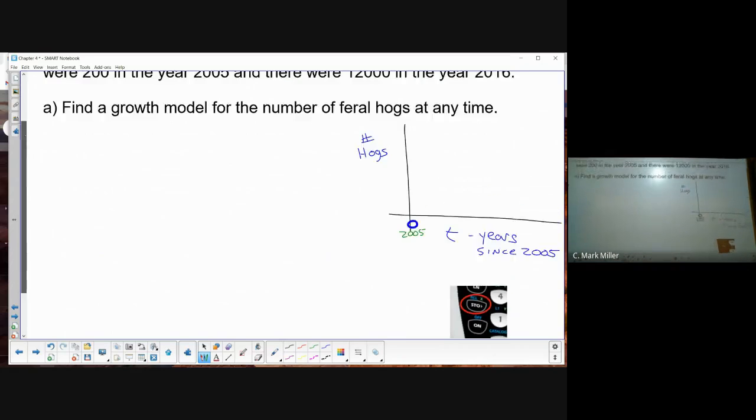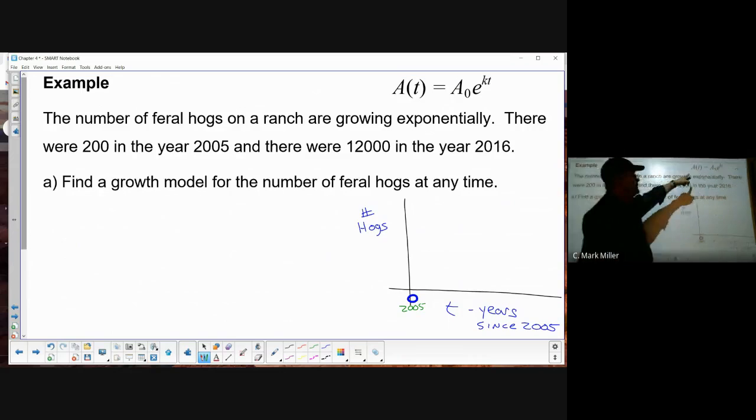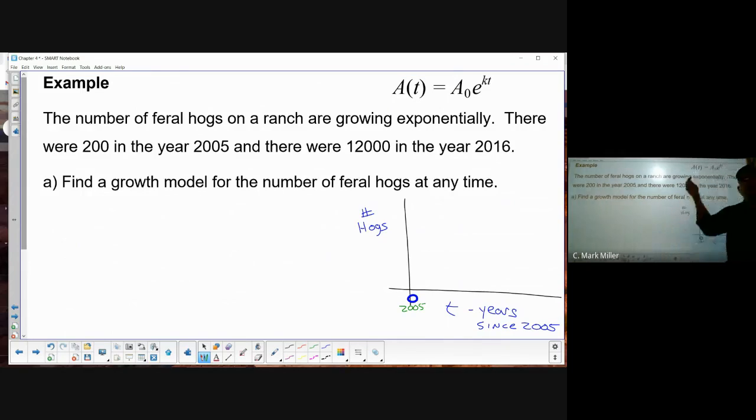So let's go back up here. 200, that's how many you're starting with in 2005. That is A0, your starting amount. You remember in compound interest, your present amount was the P. That was how much you have now.